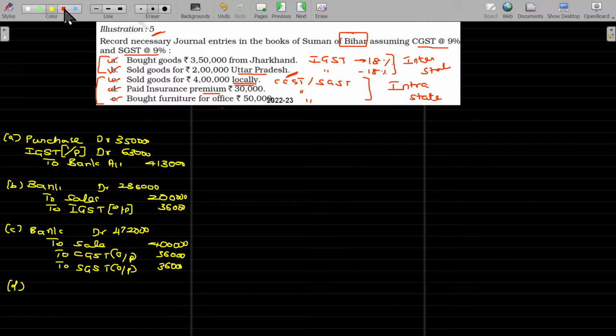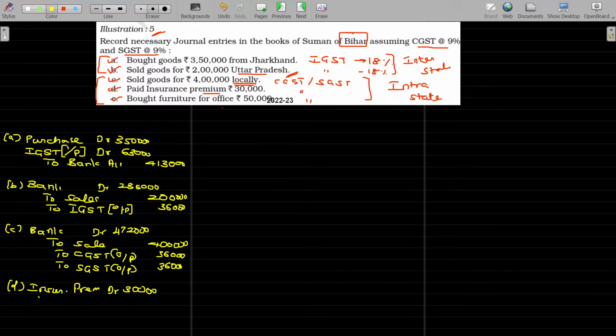Scenario D. Paid insurance premium. So we have paid the insurance premium, entry being insurance premium account debit. The amount payable for the insurance premium being 30,000. Of course, we have to pay tax also.